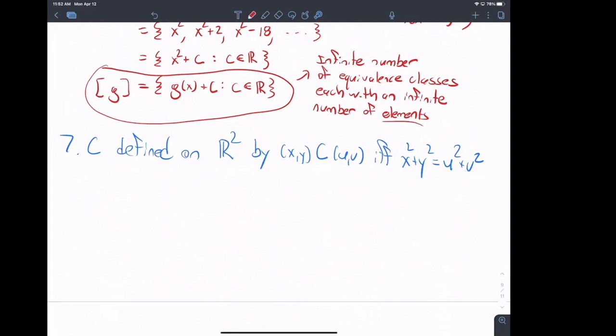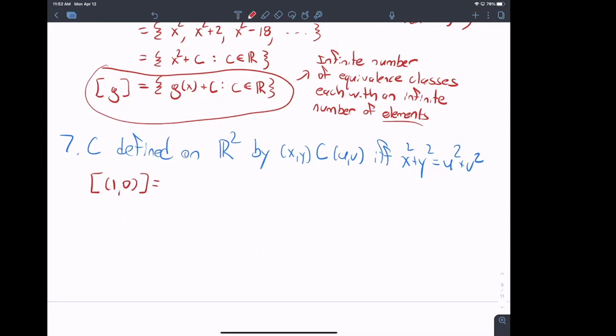If you're ever stuck on how to start writing out some of these equivalence classes, just pick a concrete example, and pick one that's not so bad.